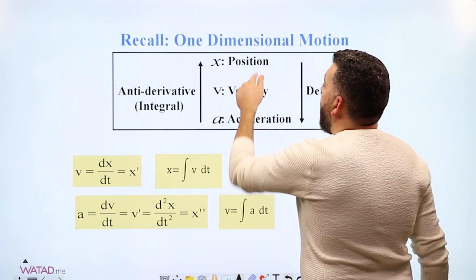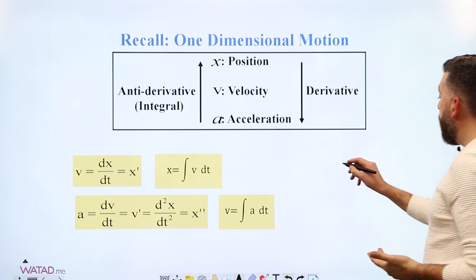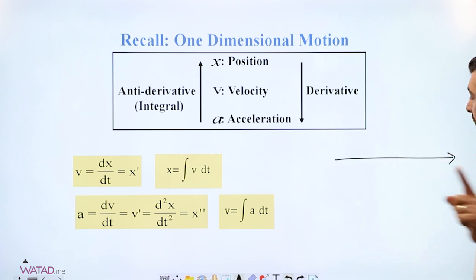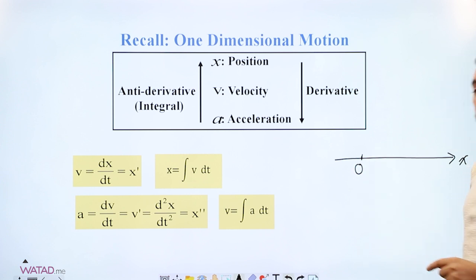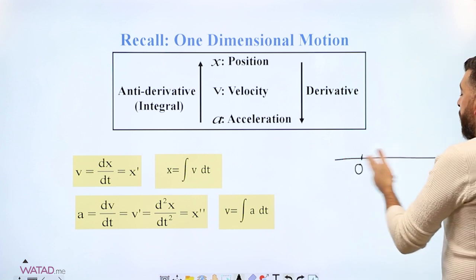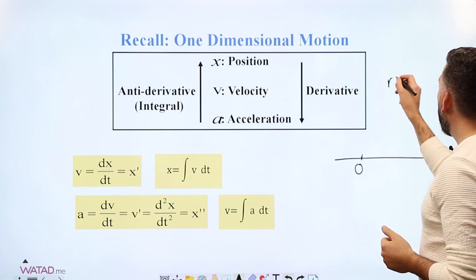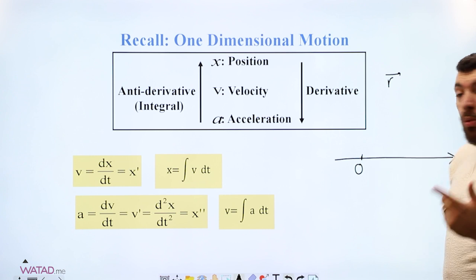In one-dimensional motion, it's a special case of the 2-dimensional motion. In 1 dimension, since it's moving on a straight line, we need only the x-axis. So this is the direction for the x-axis, and we need, of course, the origin O. So any particle moving on this axis, we need to find its position. Instead of using r for the position, in 1 dimension, we use x. Why?